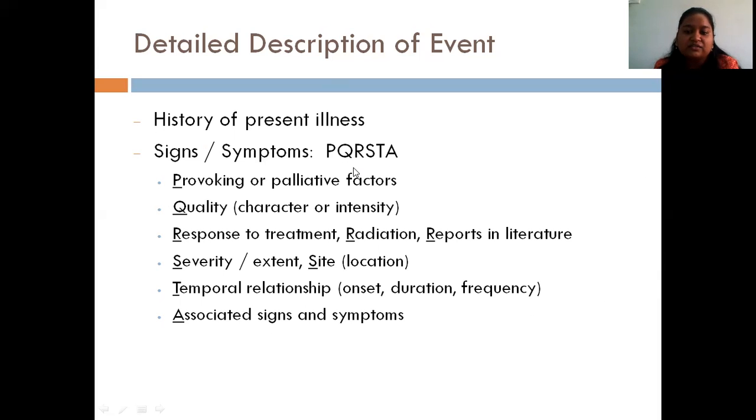So you have to detail all the information, like provoking or palliative factors, quality, intensity, or characteristics of the adverse reactions, the response to treatment, severity, the location, what the temporal relationship with the ADR is, and other associated signs and symptoms.